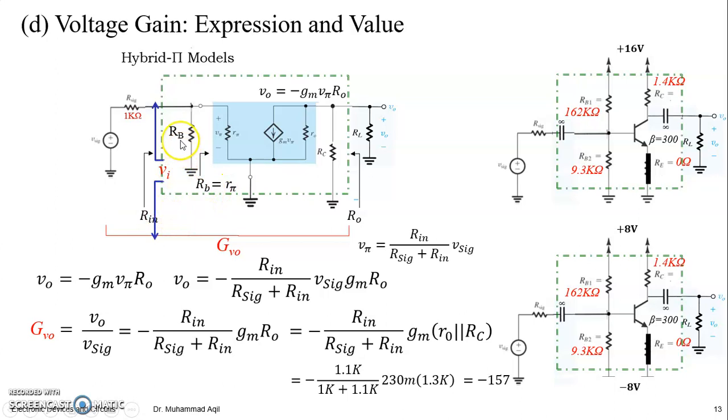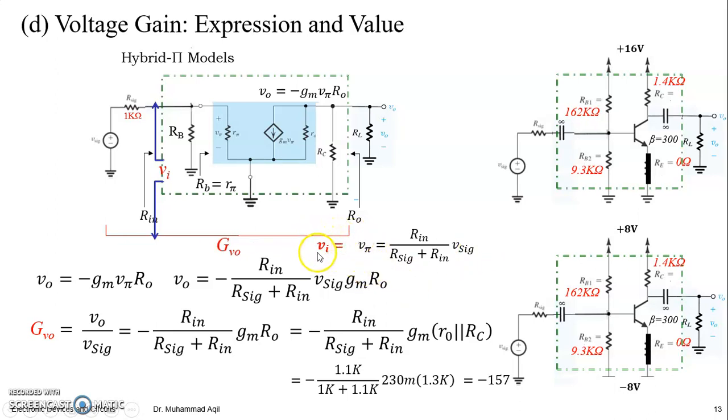The parallel combination of resistances have the same voltage, so Vi will be here and Vi will be here. It means Vi equals V pi. So instead of naming the input of this stage Vi, we named it V pi, and that's why we wrote this equation: V pi is equal to Rin divided by R signal plus Rin into V signal.